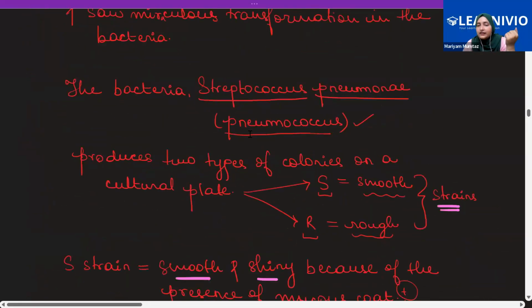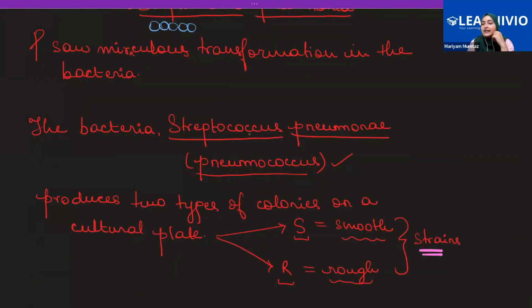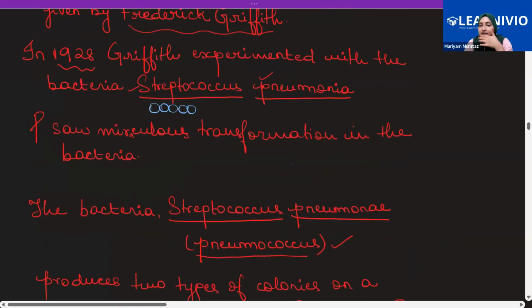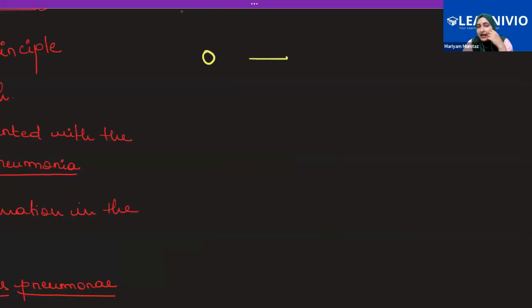See, this Streptococcus pneumoniae is also called pneumococcus, and it is a bacteria that has two types of colonies. Do you people know that bacteria have colonies? For example, if you take one bacterium and grow it in a petri dish, after a while, after 24 hours or even after 20 minutes, you'll see their population increased.